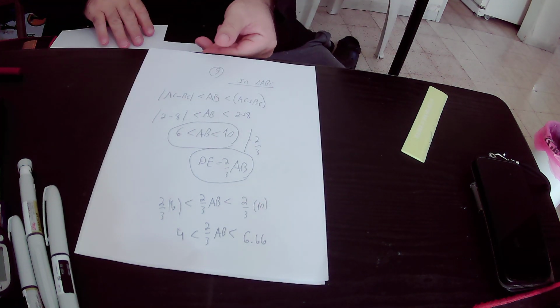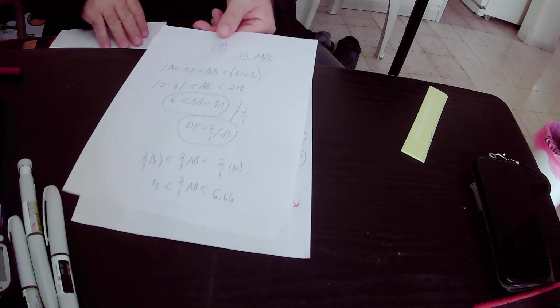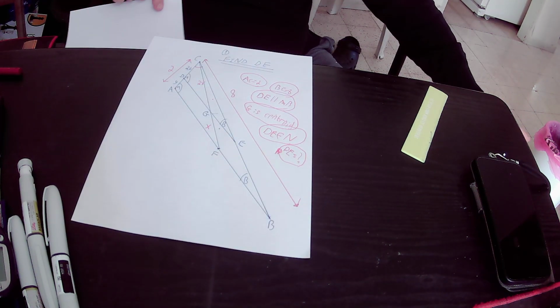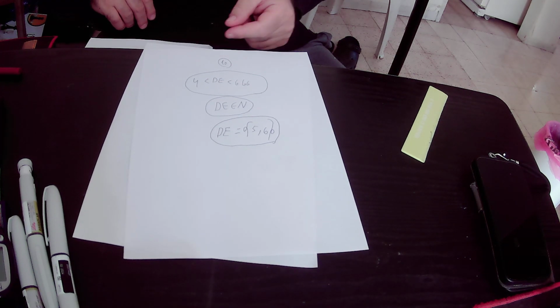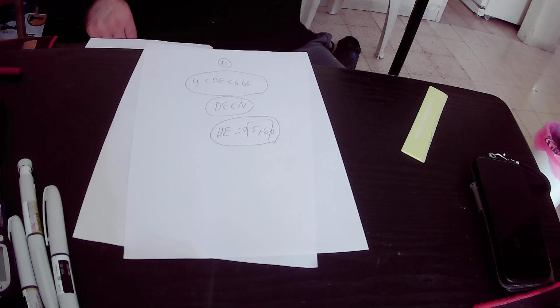So we found out that DE is greater than 4 and is less than 6.66.